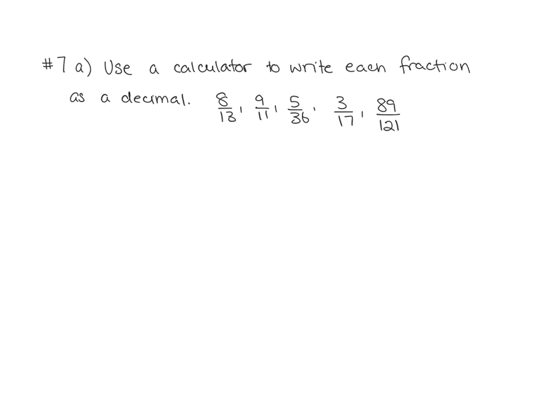So all I'm going to do is remind you, when you're using your calculator, you type in your numerator divided by your denominator, and the answer will be in decimal form, and that is the decimal that you will get from the fraction. So just convert this way. So you do 8 divided by 13, 9 divided by 11. Whatever they give you is the decimal. For part B, they ask you to order the fractions from least to greatest.